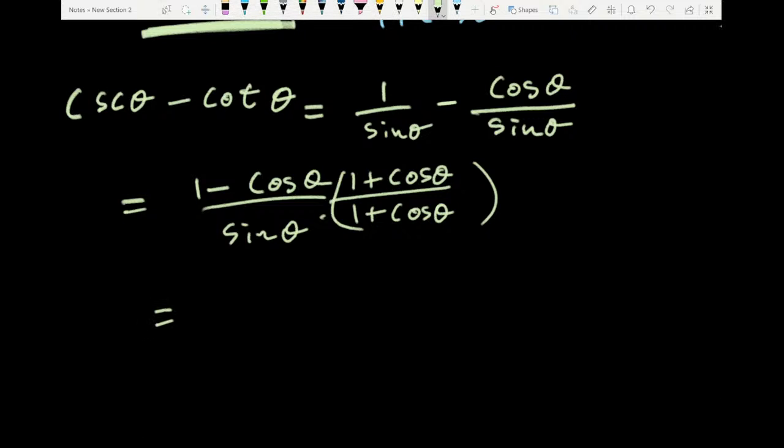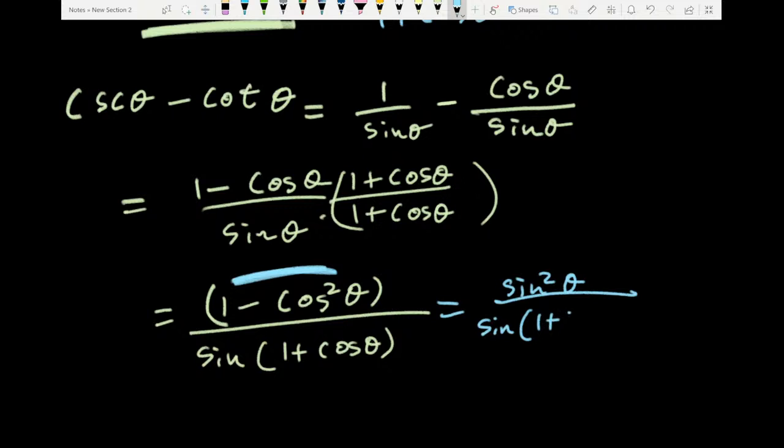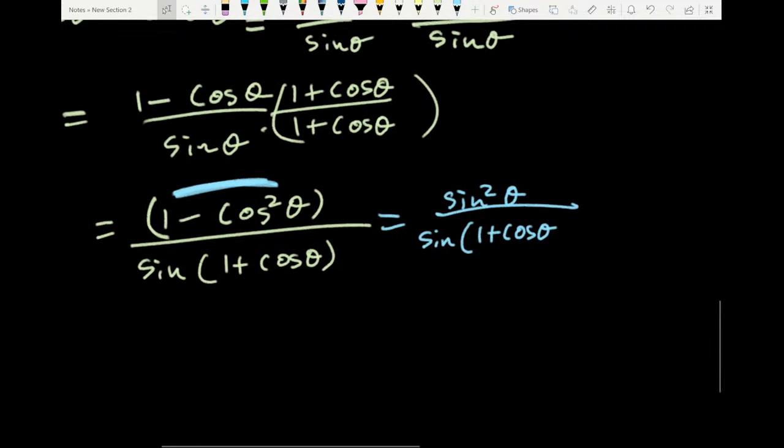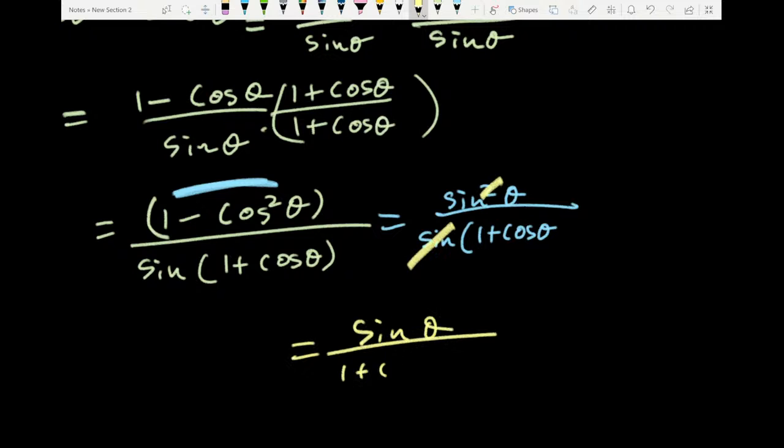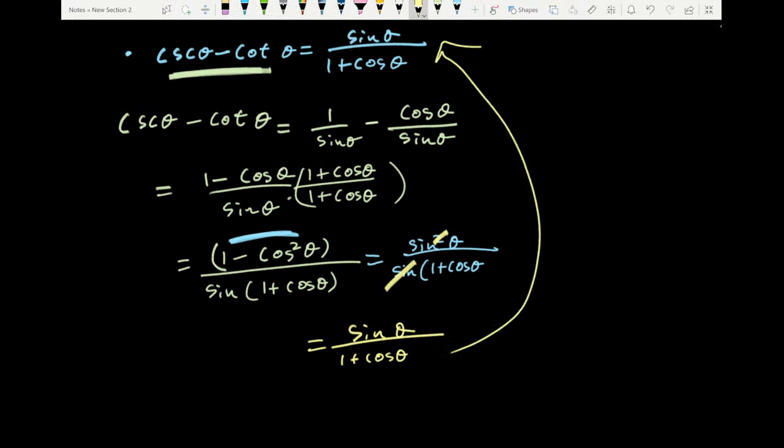If you do that, it becomes 1 minus cosine square of theta over sine of theta times 1 plus cosine of theta. Well, what do we know about this part? That's actually sine square of theta. We're going to use a Pythagorean trig identity. And we could simplify that a little bit more, and we get sine of theta over 1 plus cosine of theta. Do you see this sucker looks like that now?